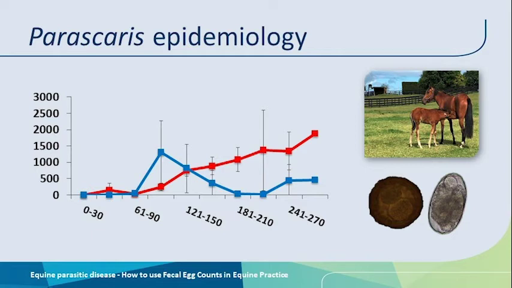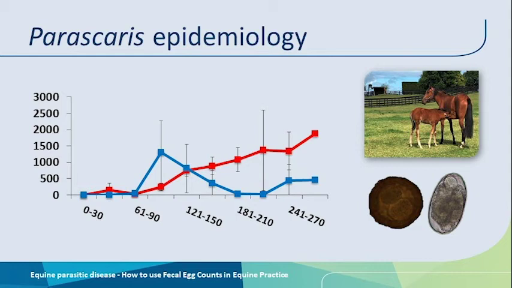We also know from all the resistance findings that the anthelmintics that we have available for treatment of Parascaris that still work against Parascaris usually do not work well, if at all, against strongyles because of all the resistance that has developed, and vice versa. So we rarely have just a single product. We could go for a combination product, but we still need to know what we have to look for in that combination to really find a product that would target and treat the parasites that we find.